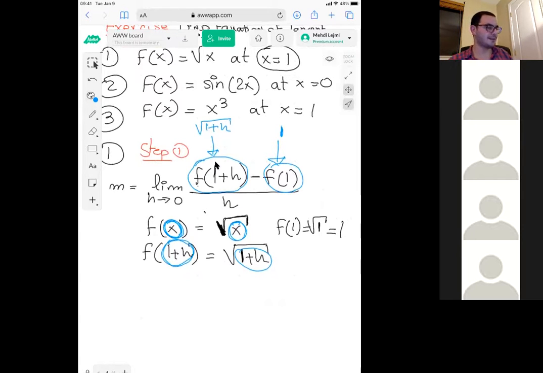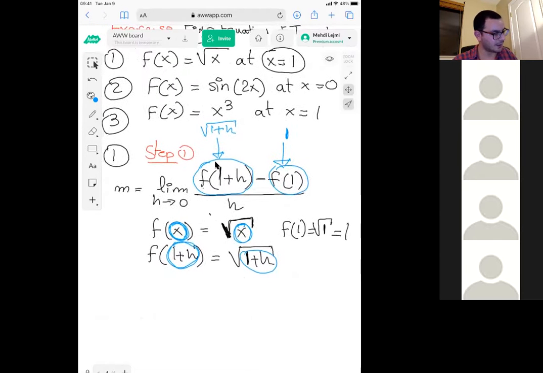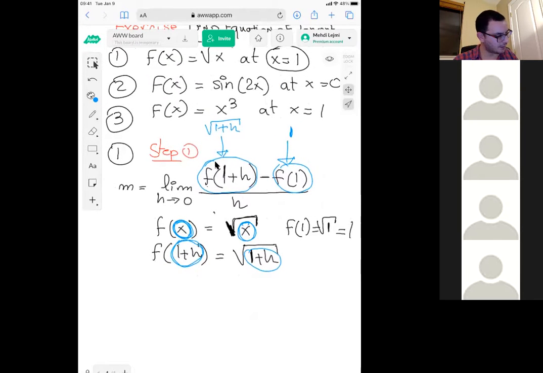Okay, so yes. Professor, why do you extend the square root to be over h? Because I've noticed you put the square root over the h instead of just 1. Where? Yeah, f of 1 plus h equals square root over 1 plus h. No, I don't have that.